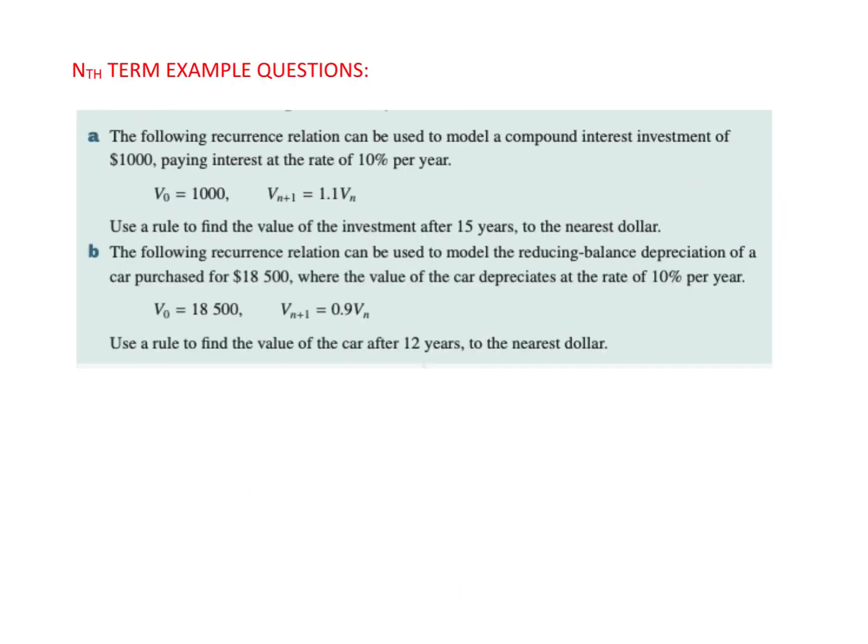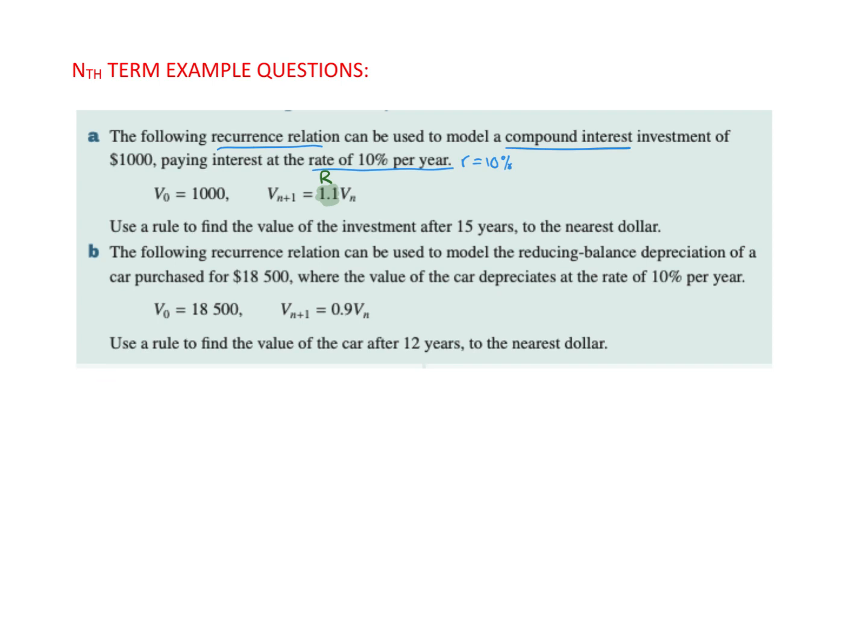The following recurrence relation can be used to model compound interest investment paying $1,000 at a rate of 10% per year. So the rate was 10%, little r was 10. And you can see here, they've already done it, and there's our big capital R sitting there. It says, use a rule to find the value of the investment after 15 years.